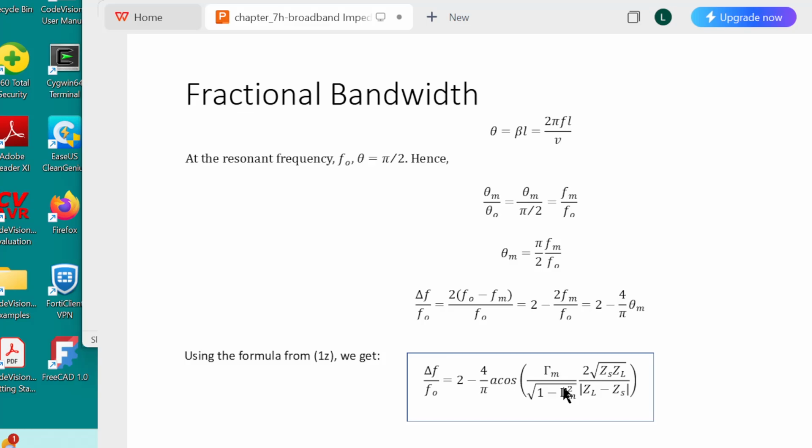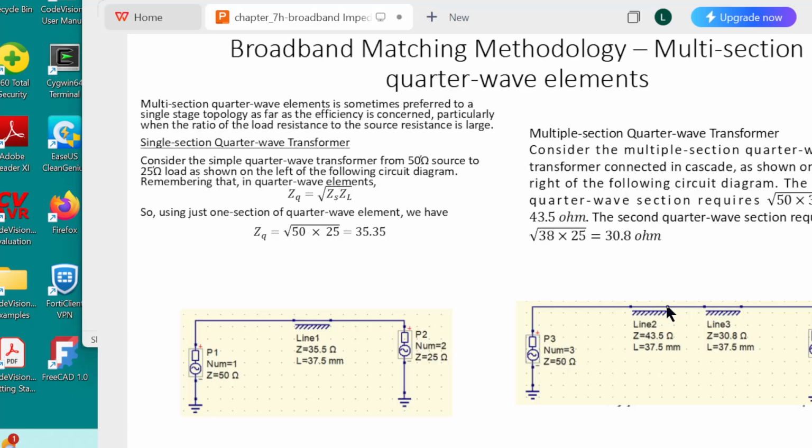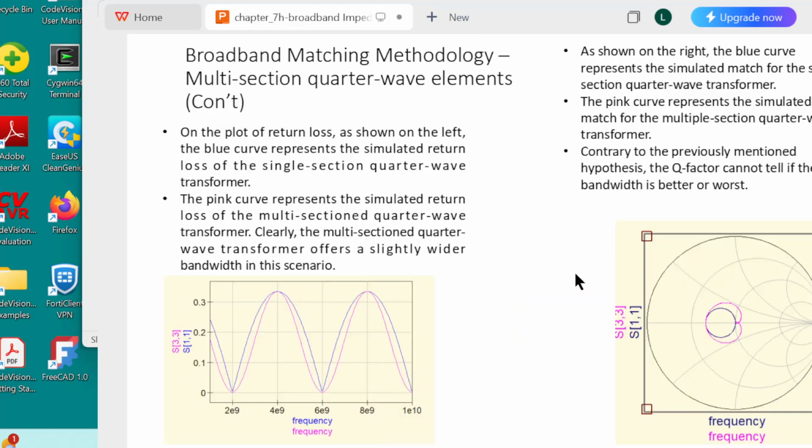And here, what we can see is we can do further manipulation, and this is the core objective of this chapter. Now, we can have a multi-section quarter wave transformer, and you will see a huge difference. For example, now you are having one quarter wave transformer, and I'm going to show you the situation when you have two quarter wave transformers connected together and see what is the difference.